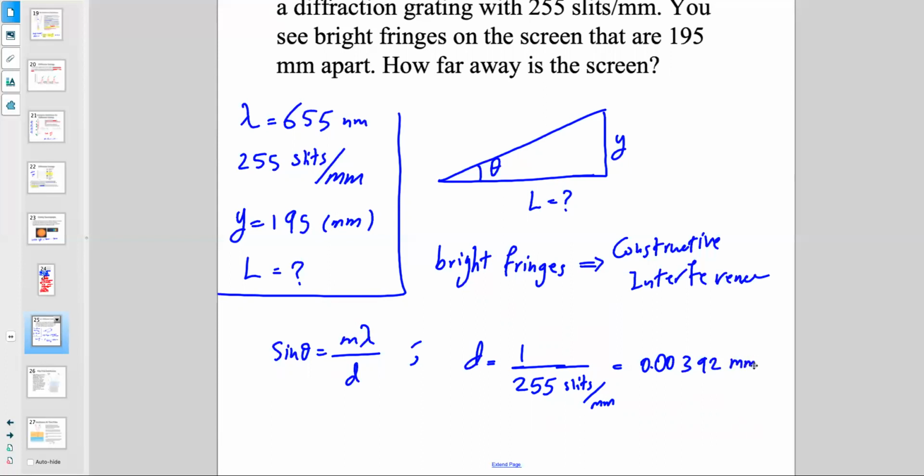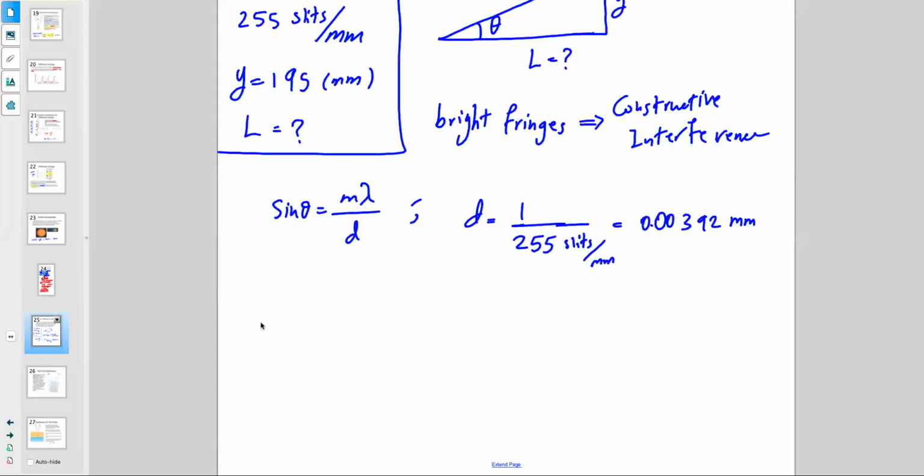So lambda is 655 nanometers, which is 655 times 10 to the negative 9 meters.